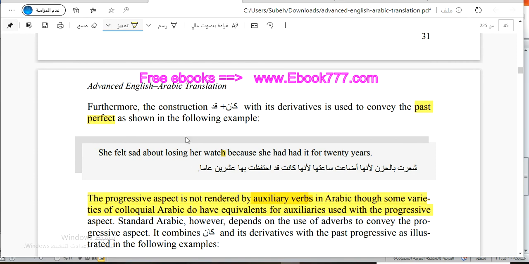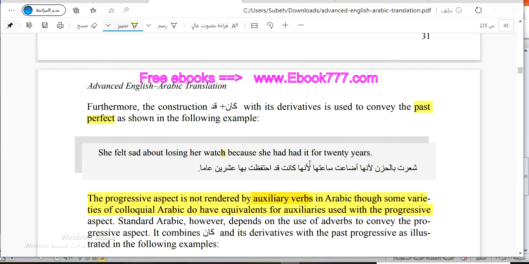Also for the past perfect, the construction كان plus قد, or its derivatives, is used to convey the past perfect, as shown in the following example.